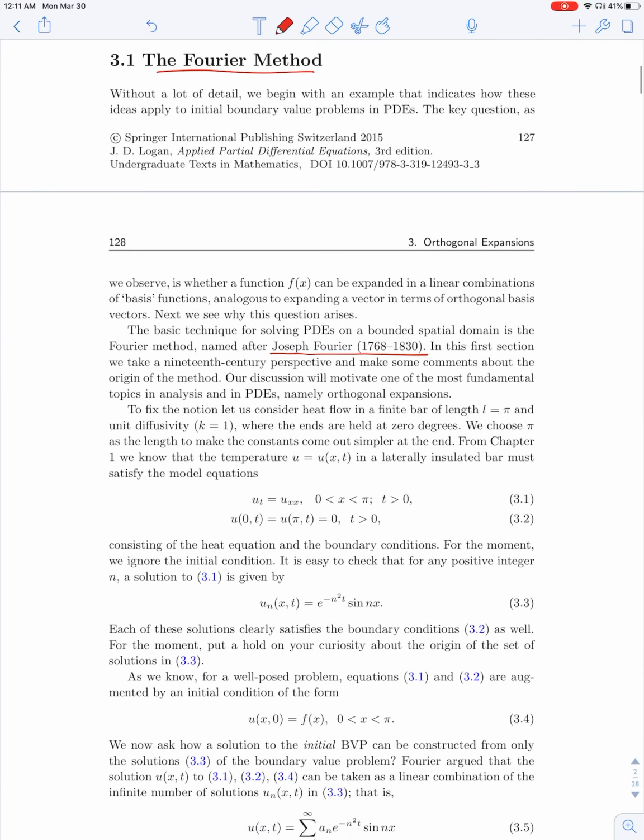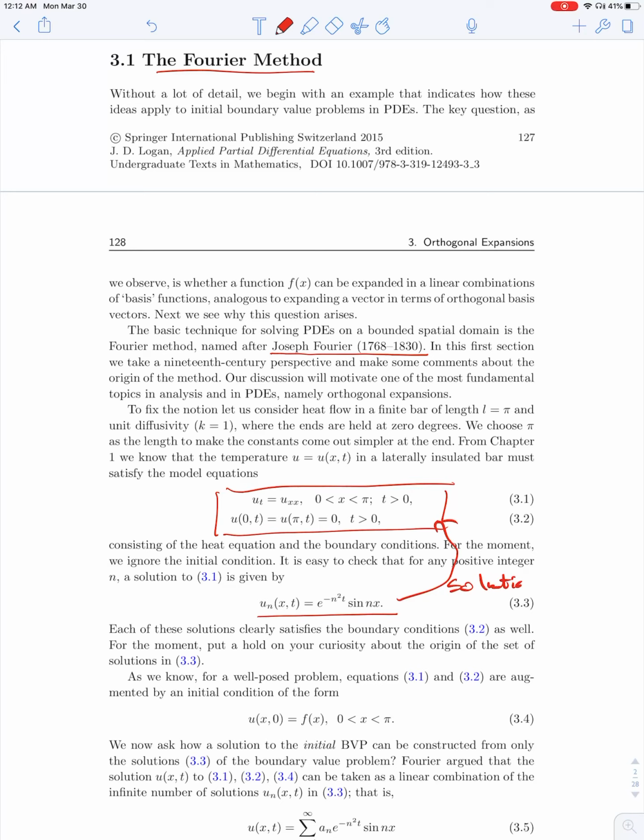And some of his idea is that, okay, if you want to solve this, we are going to come back to this later on in chapter 4. So we want to solve this heat equation with these boundary conditions, and then you can check easily that this is a solution to this problem.